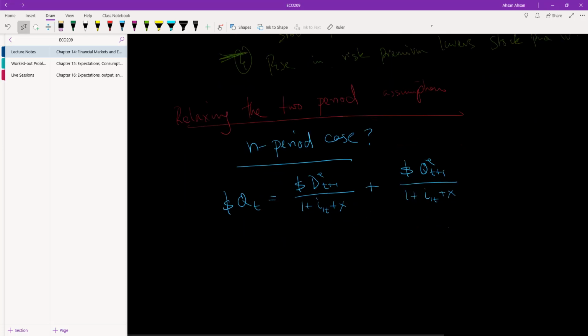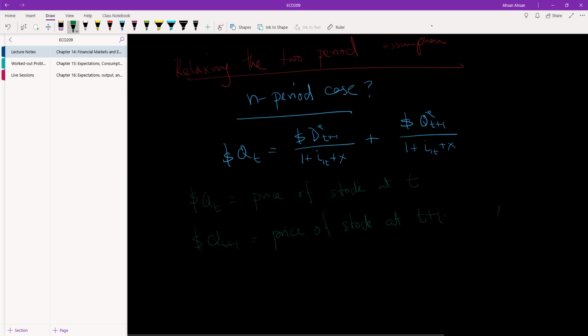Okay, so this Qt is the price of the stock at period t, and Qt plus 1 is similarly the price of the stock at period t plus 1.